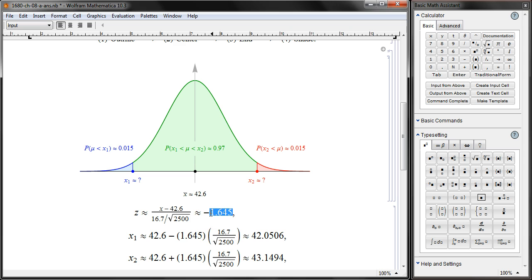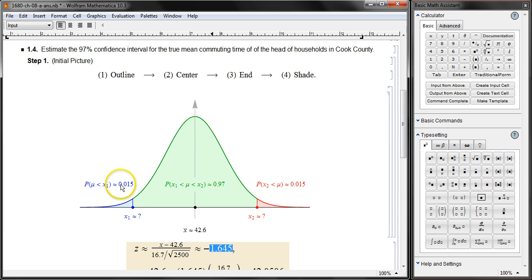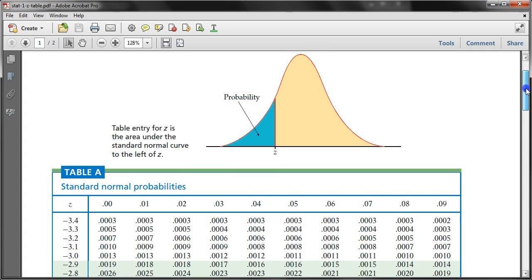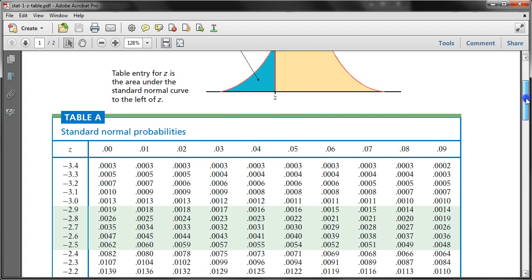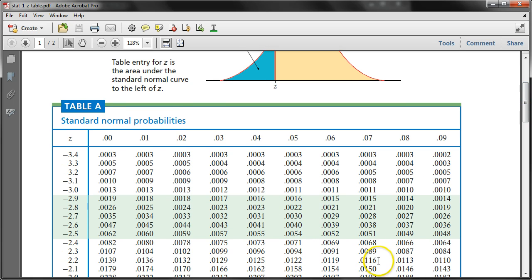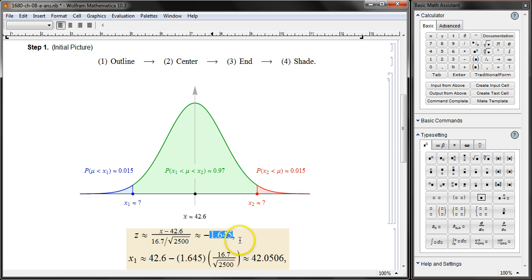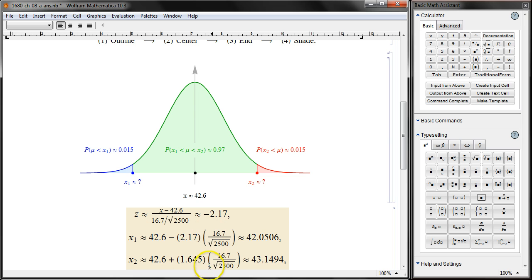Now, instead of negative 1.645, this time you'll have to look up, let's see, 1.5%. Middle is 97% this time. Let's look up 1.5%, 1.5% right here. Negative 2.17. So that's going to replace negative 1.645, so 2.17. And this is 2.17. And that's 2.17.